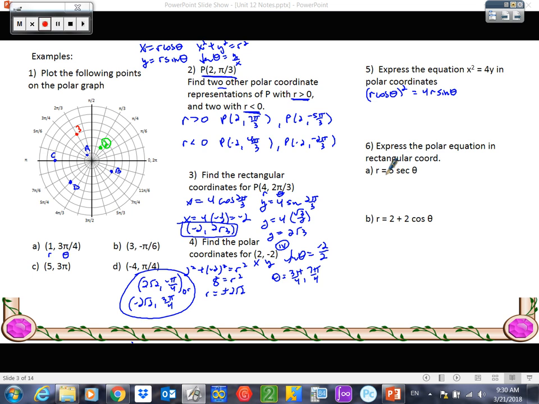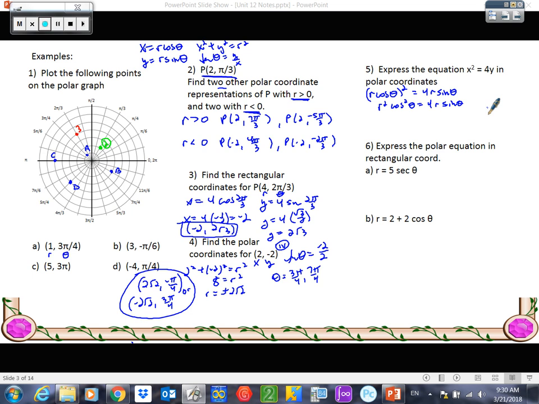This is what polar equations look like, right? Not like this. Like this. So we need to figure out how to make it r equal something. So the first thing would be, let's just go ahead and square this side. So I have r squared cosine squared equals 4r sine theta.